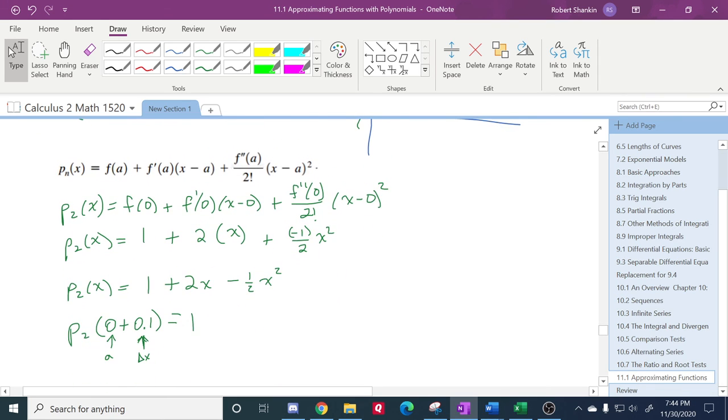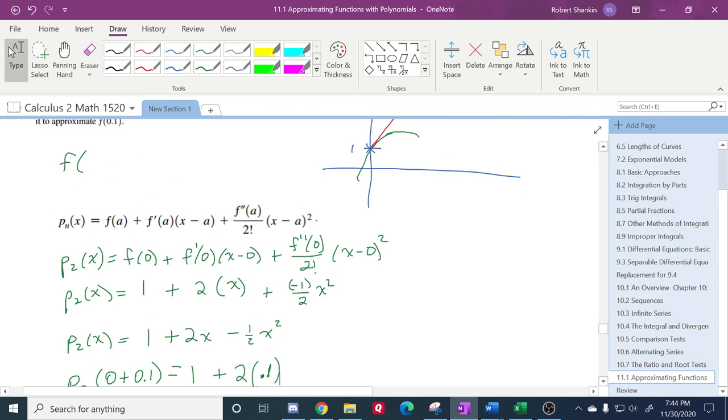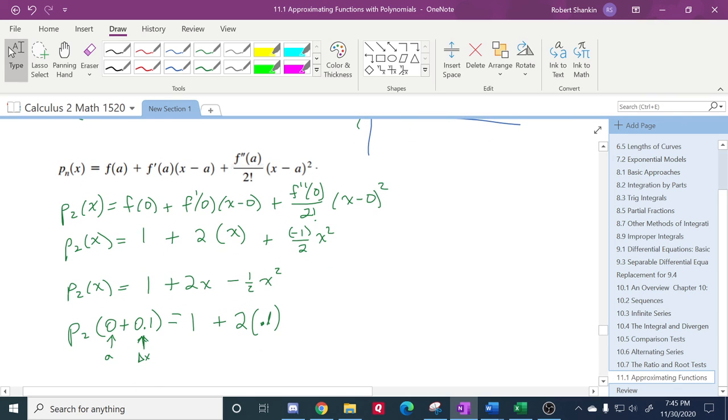But if you know something about its slope, you know it's 2. Now, if x was increasing by 1, you'd get 2 bigger, but it's only increasing by 0.1, so times 0.1. When you move 0.1 to the right, you're going to move 0.2 up. And then that makes sense.